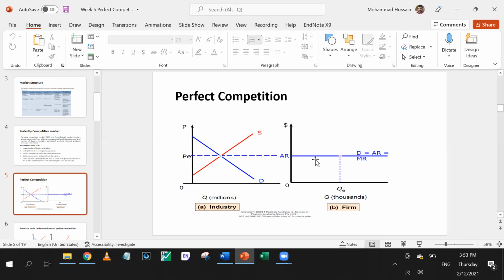And this line is representing your demand, average revenue, marginal revenue, price, everything. So what about the quantity? What are the quantities supplied? It doesn't matter. Demand remains the same.